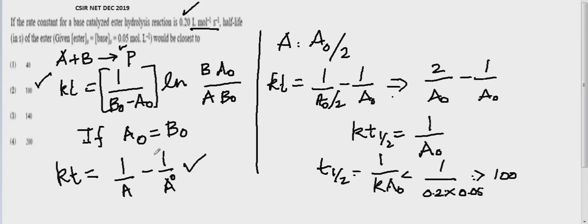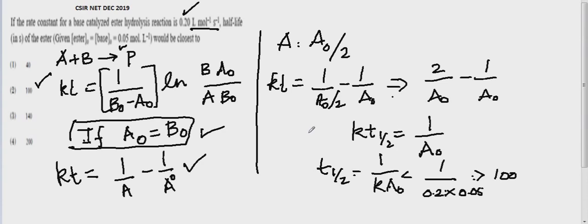So you have to remember the rate expression and also how to convert that into t half. If this condition is not met, then we have to follow the earlier expression, whereas this holds good only when this condition happens. Let me repeat it one more time.